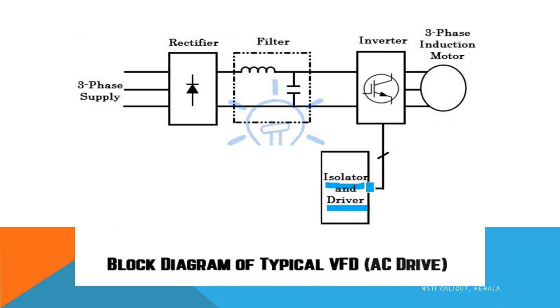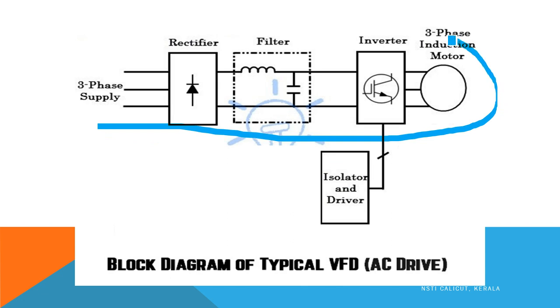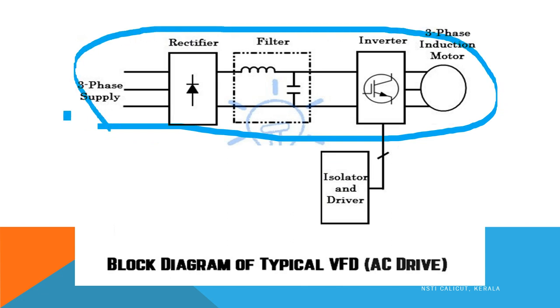But something else you can also see here: the isolator. Why is an isolator required? Why is isolation being given? Because this area is the power section. Main power flows through this path. And here the driver section, we can say it is the signal section. So the power section and signal section should be isolated.